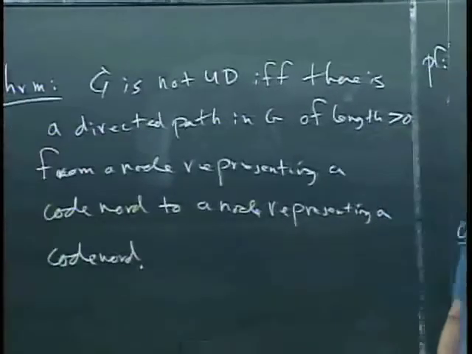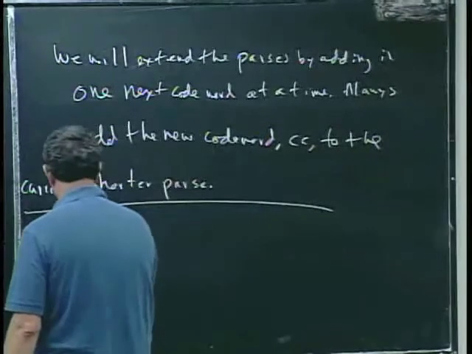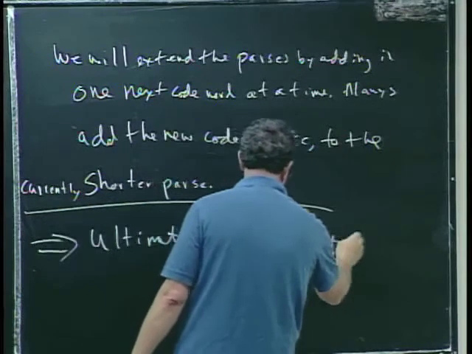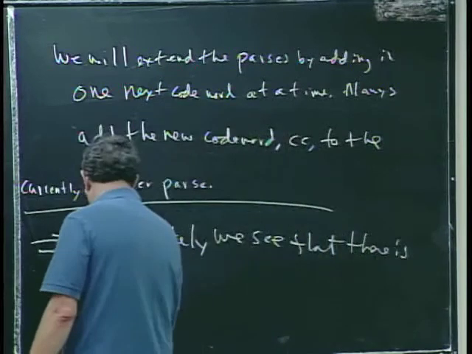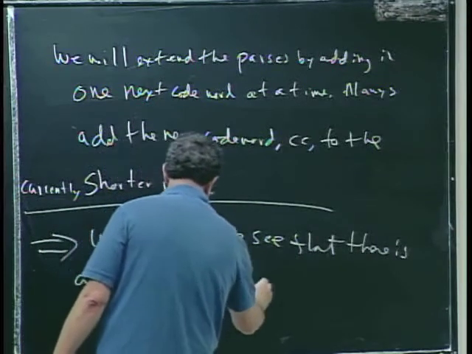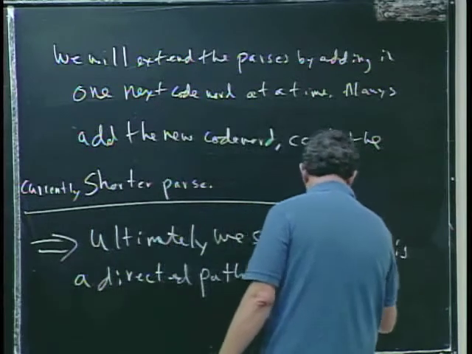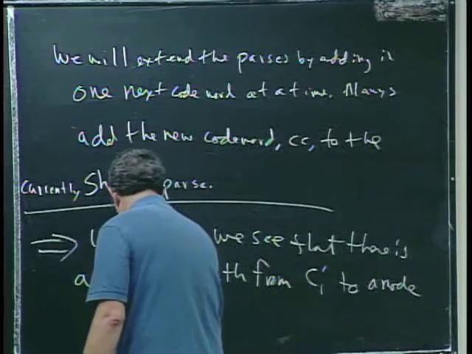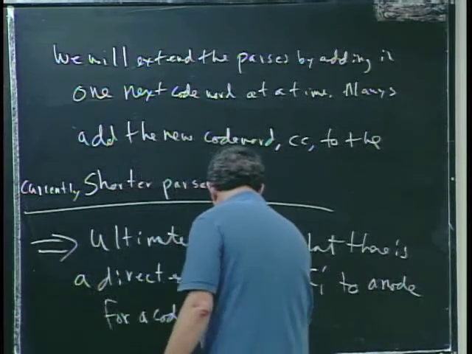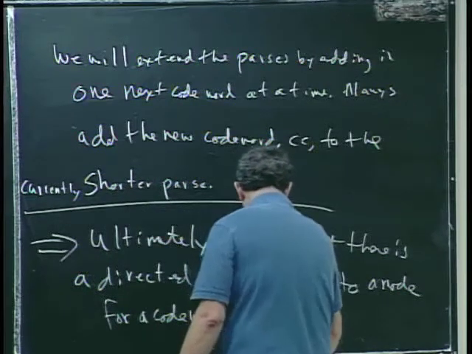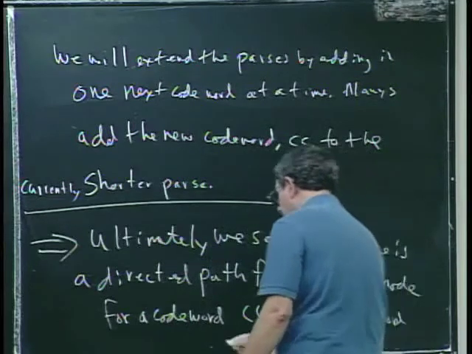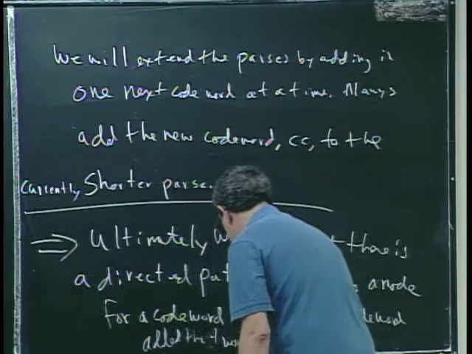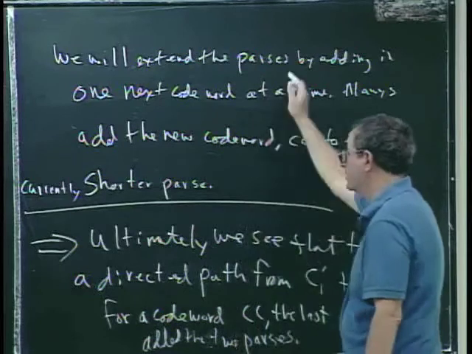Okay, so just to end up, ultimately we see that there is a directed path from C1 prime, or the node representing C1 prime, to a node for a code word, namely CC, which is the last code word added to the two parses in this construction.